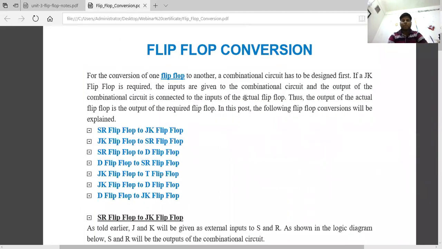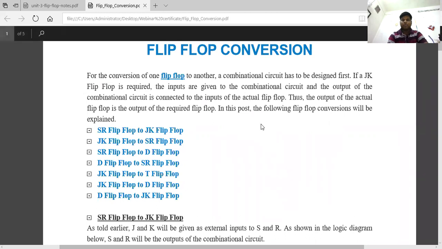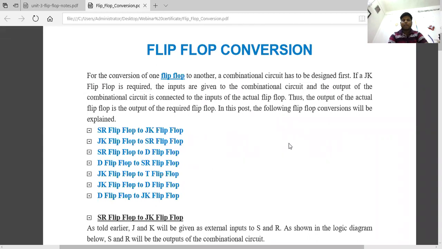Here is flip-flop conversion. A flip-flop is a sequential circuit, and we mentioned four types of flip-flop earlier: SR flip-flop, JK flip-flop, D flip-flop, and T flip-flop.